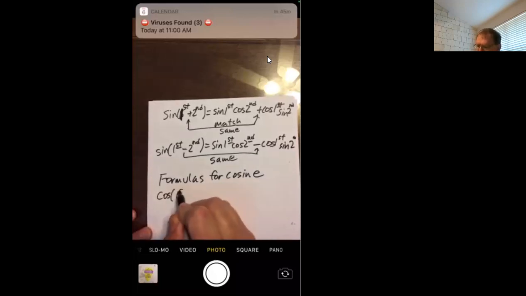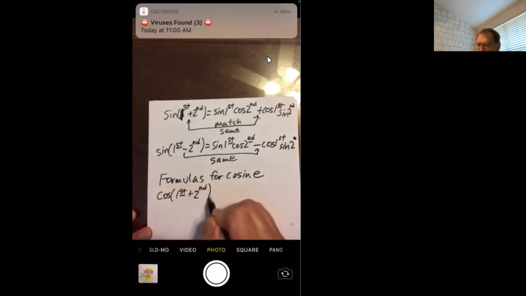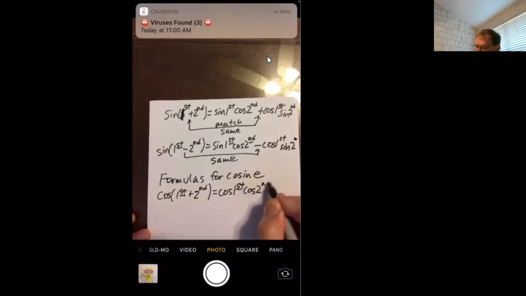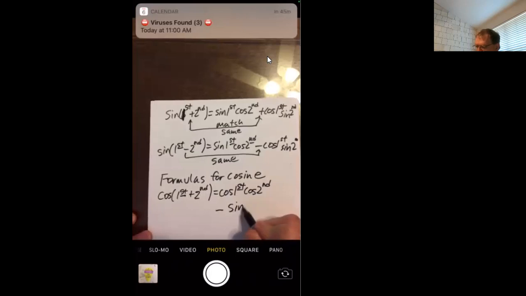Cosine, again, I'm going to write it first plus second. Whatever they call the first thing, whatever they call the second thing. That goes cosine of both, and uses the opposite sign, and then sine of both. This and this are opposite.